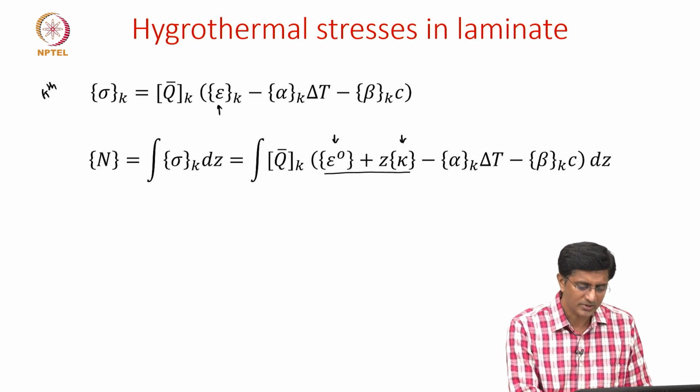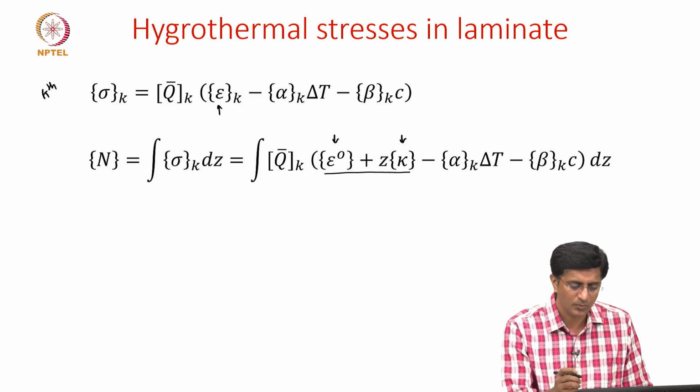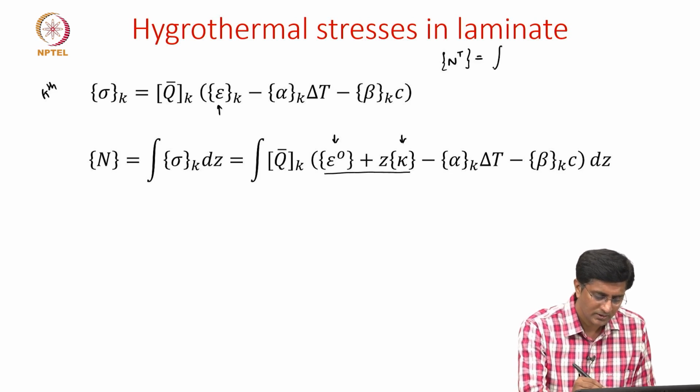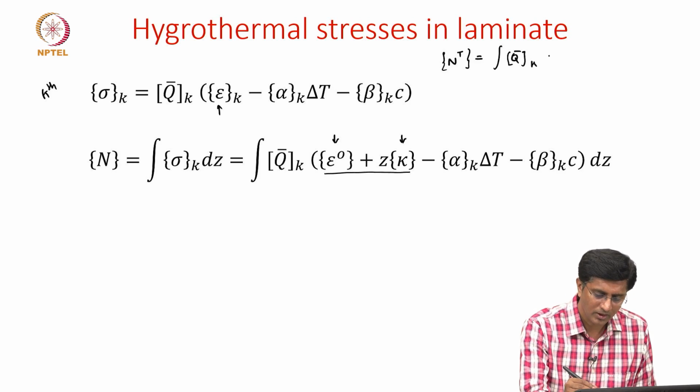From this expression we will again use small notations. We'll first say what are the forces coming because of temperature. This we will write as the integral of Q k alpha k delta T dz.